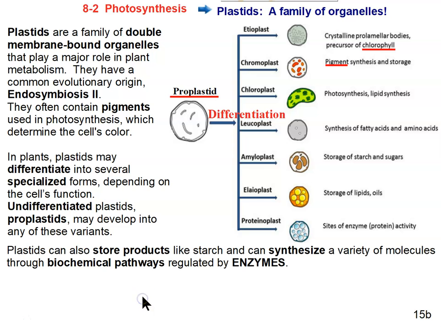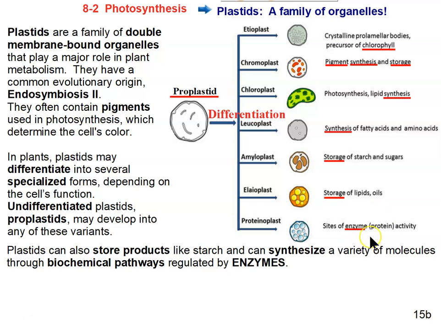So functions that plastids can carry out are to store products and synthesize products and carry out biochemical pathways that are all regulated by enzymes. So storage, synthesis.